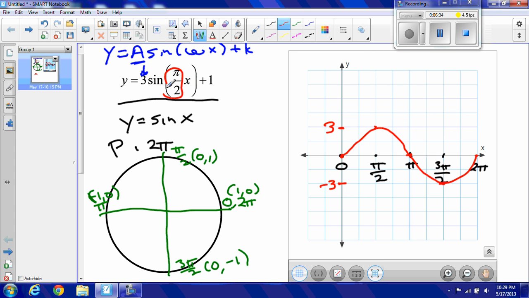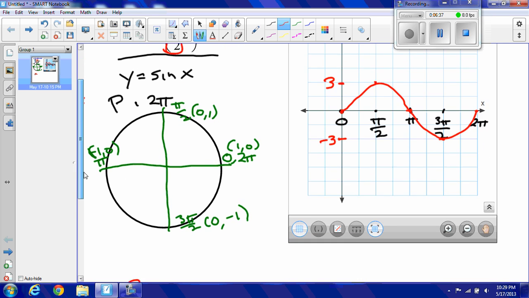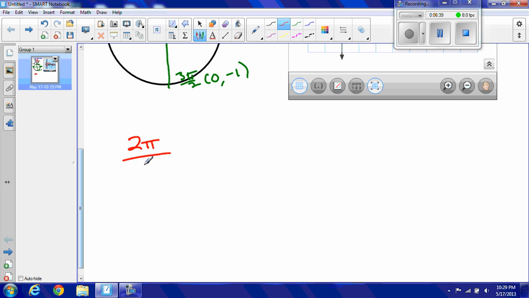That's my omega. So I'm going to divide my 2 pi by pi over 2. To do that, I will multiply the top and the bottom by the reciprocal of my denominator, that is 2 over pi.